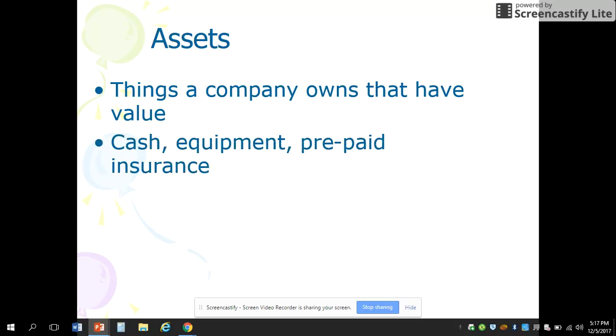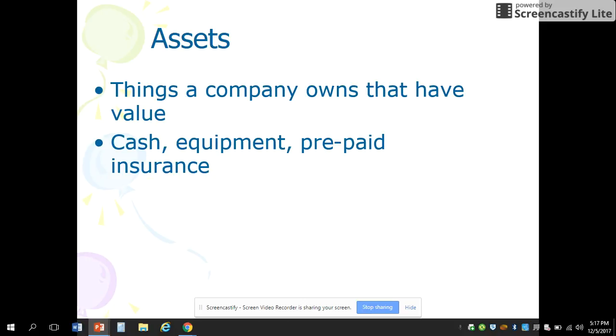All right. So again, assets are things that the company owns that have value. A sheet of paper technically is an asset, but no one really cares about it. It has no significant financial value. So we only really care about things with large monetary values. Think about the school store. We have cash. We have a cash register, like equipment.